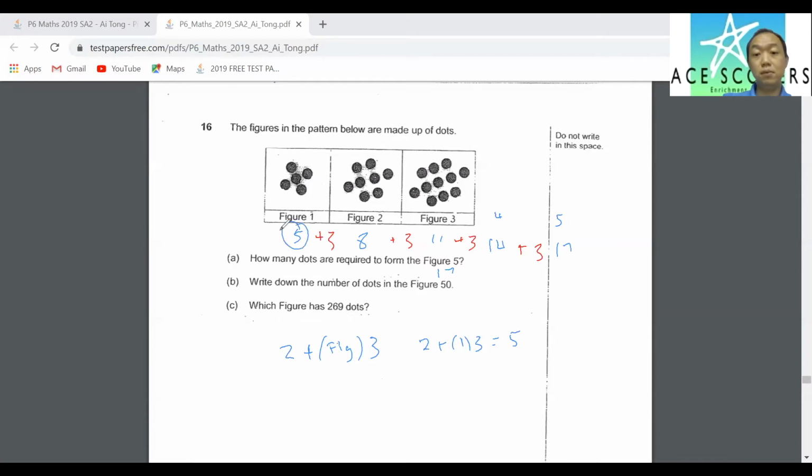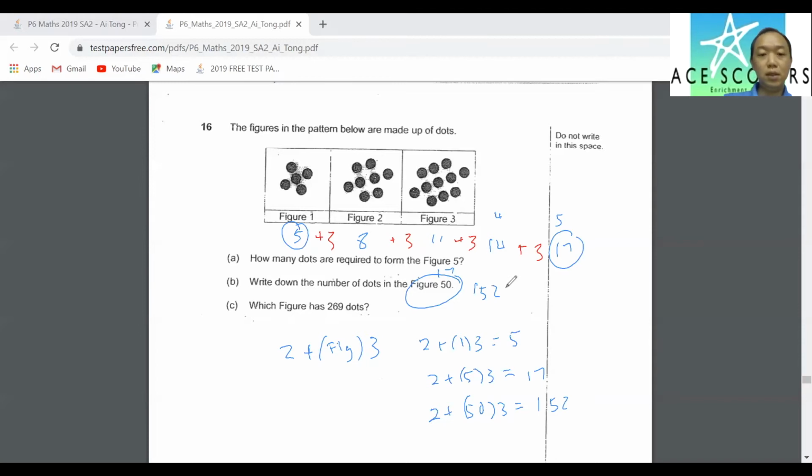Correct? Yes. Figure 5, 2 plus 5 times 3 equals 17. See? So it works, all right? So how about figure 50? 2 plus 50 times 3 equals 152. So that's 152.